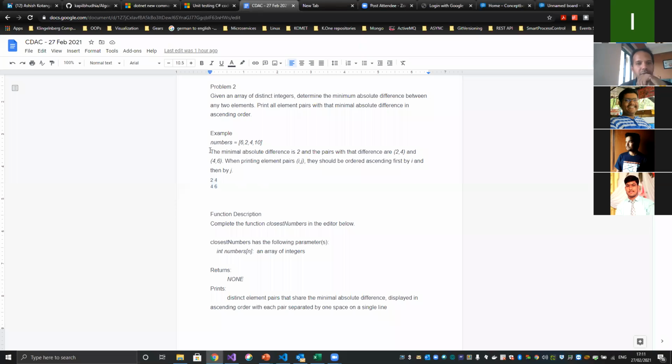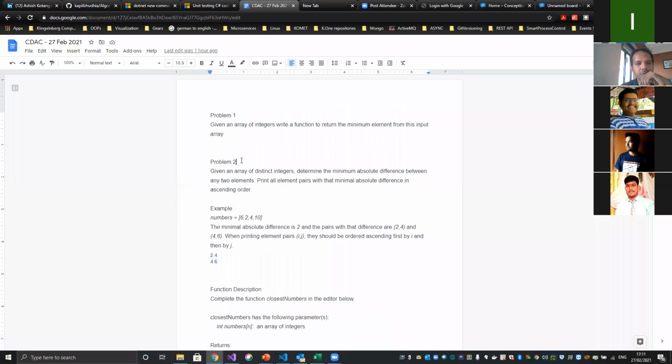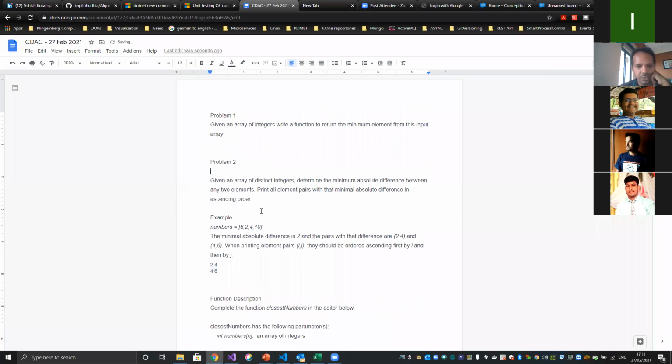Okay, so let's quickly look at this now. The problem 2. Given an array of distinct integers, determine the minimum absolute difference between any 2 elements. Print all element pairs with that minimum absolute difference in ascending order.